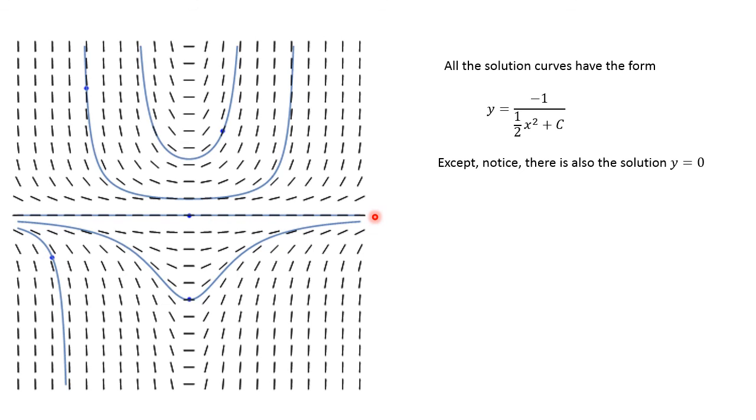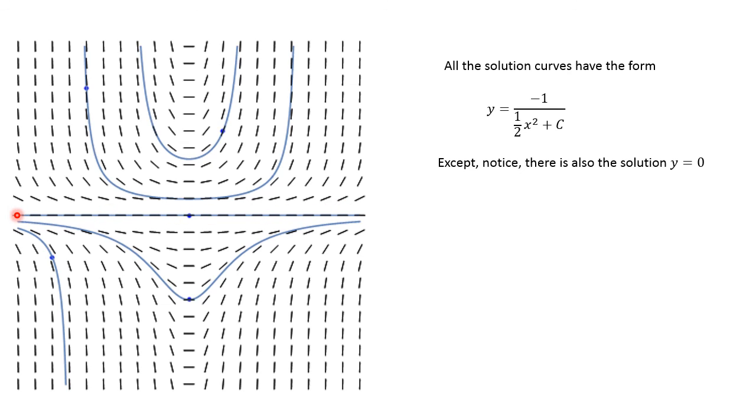And there's a few ways that you can think about this. First of all, let me just point out that this is a general solution almost, in the sense that it includes every single solution except for this one. Now, why did we miss this solution?